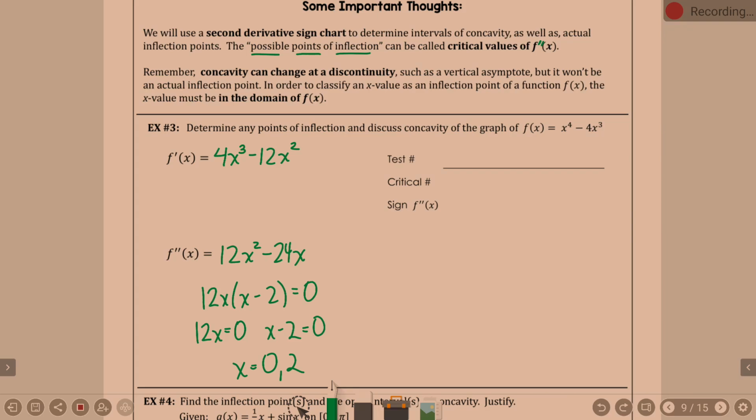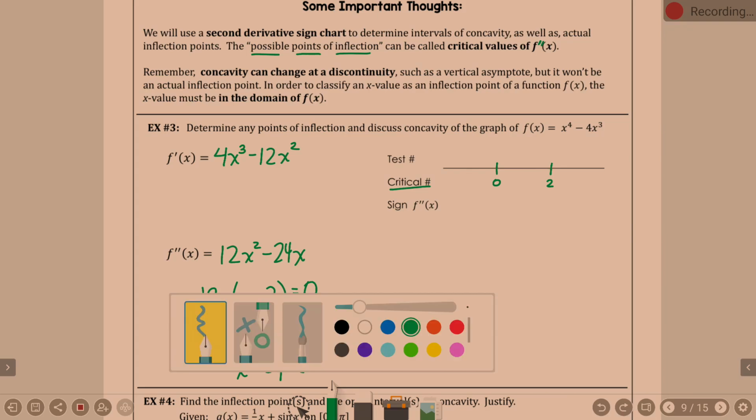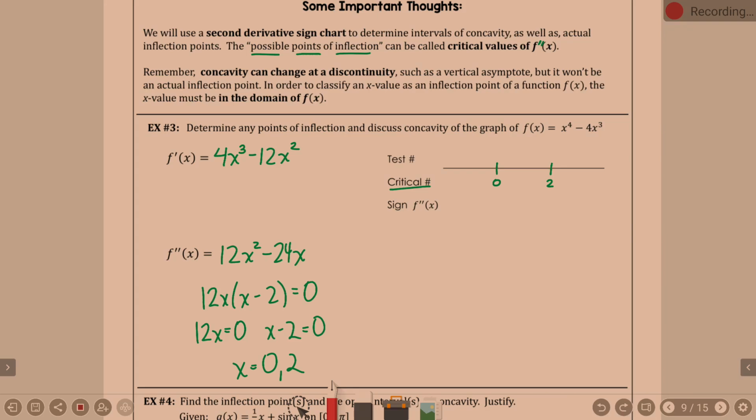So I'm going to go over here and put these on my number line. These are my critical numbers. Now, I want to know what's going on in each interval, so pick some test values.